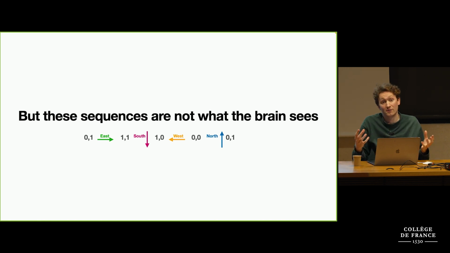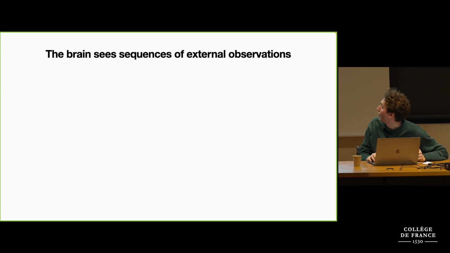What we experience is the sensory world around us, and we have to experience those sequences of sensory experiences, and we somehow have to build a map out of that, build an understanding of the world from observations, from visual observations and so on, as opposed to someone coming along and saying, right, you're here at this location. So the brain sees sequences of observations. This is the sort of problem that a brain will have to face.